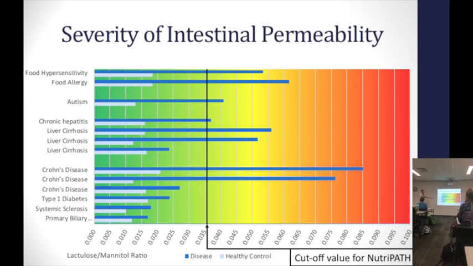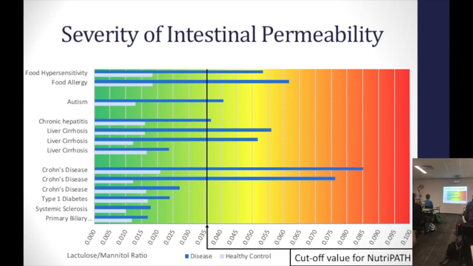I'm not picking on Nutripath here, but according to Nutripath's cutoff level, these conditions wouldn't be associated with intestinal permeability, right? But what if they had intestinal permeability? You have clients not getting optimal treatment care because the cutoff value for this particular company is too high.